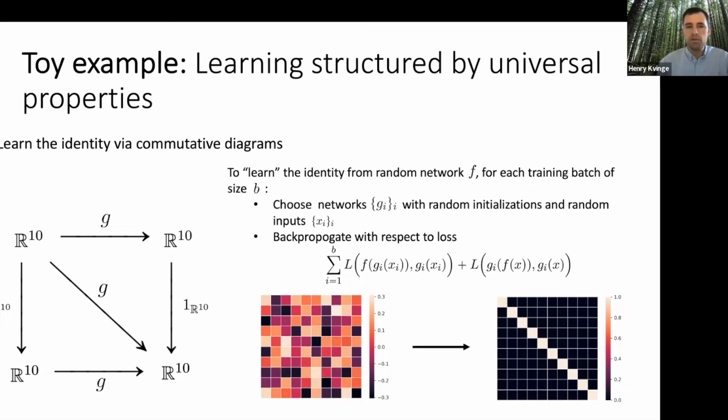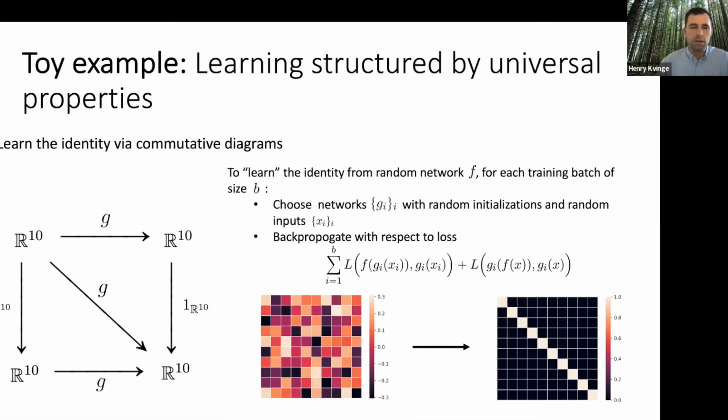I was curious whether you could go from a definition framed in terms of a commutative diagram to actually a learning goal. So I took the very simplest thing you can do, which is define an identity element via a commutative diagram.